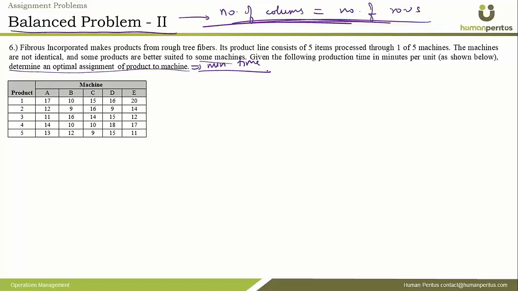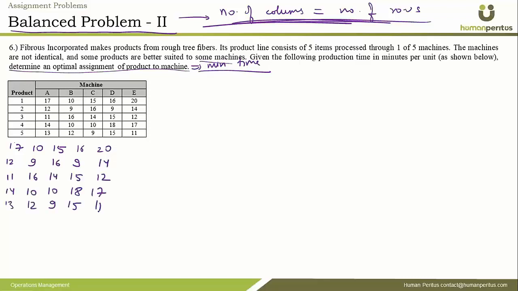Okay, so again we will do the same thing. First is the row reduction. First, let me write the question here: 10, 15, 16, 20, 12. Okay. First, let us do the row reduction. The minimum values. So let me do this. 10 is the minimum value. 7, 0, 5, 6, 10.